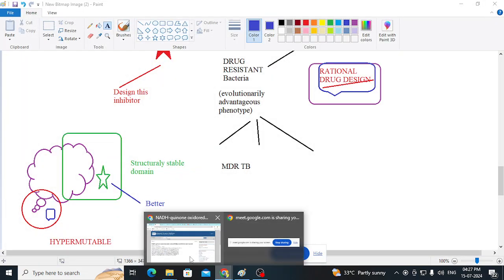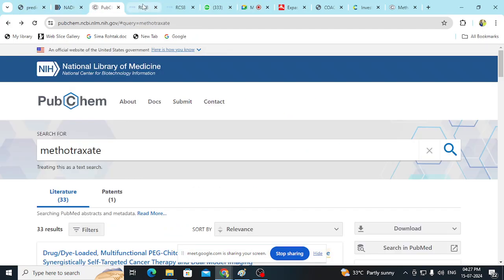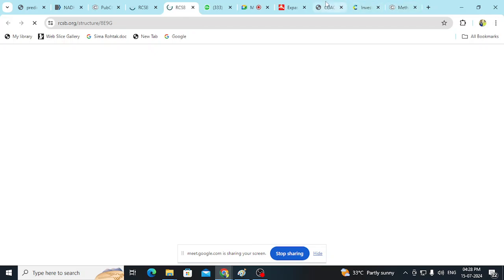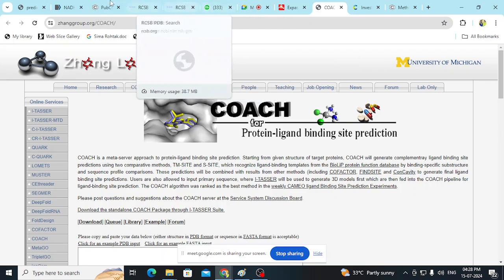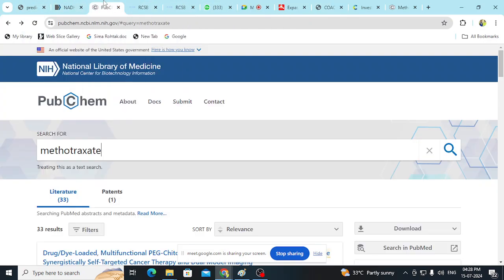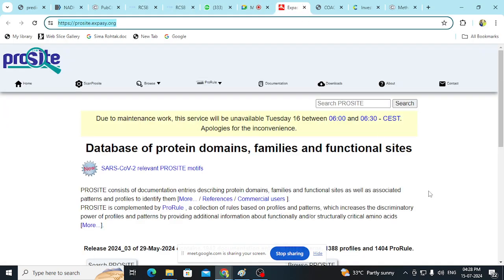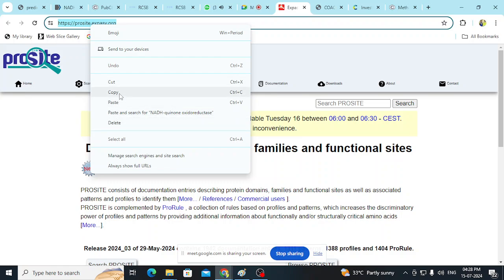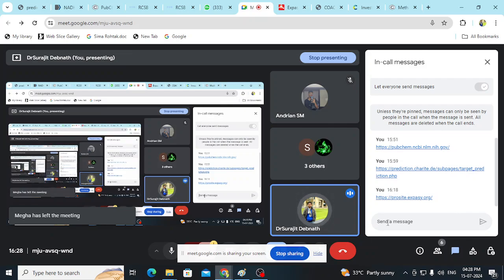For that, we have to find out the structure, and then we should use this particular tool, ProSite. It is very handy, a bit old, but very useful.